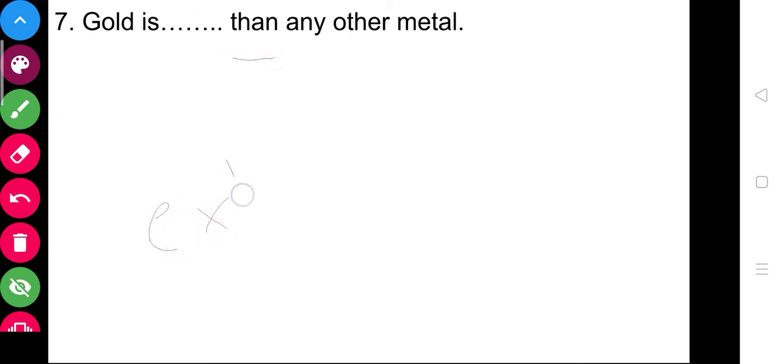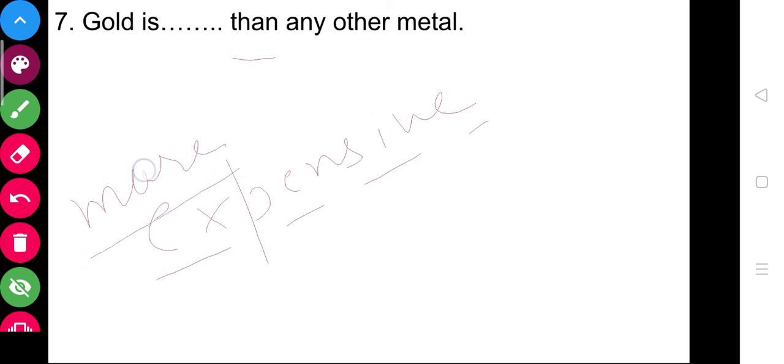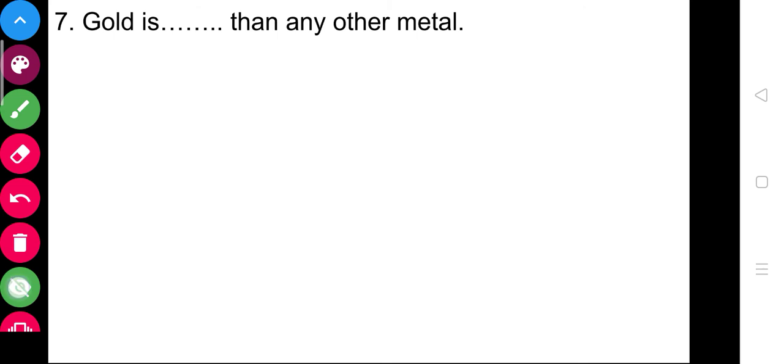Expensive, if it is the word, you should know that. Expensive has at least three syllables. So for the comparative we have to add more. In the comparative we use more. That is why more expensive would be the reply for the seventh question. Gold is more expensive than any other metal. That would be the reply for the seventh question, I would say.